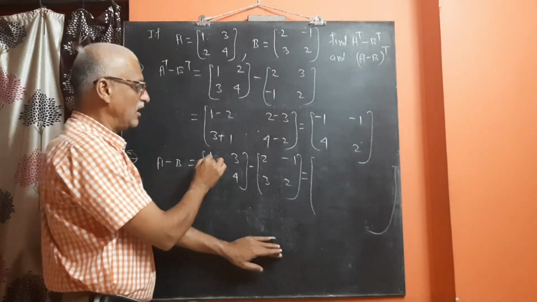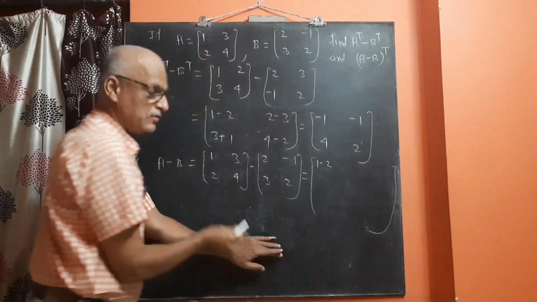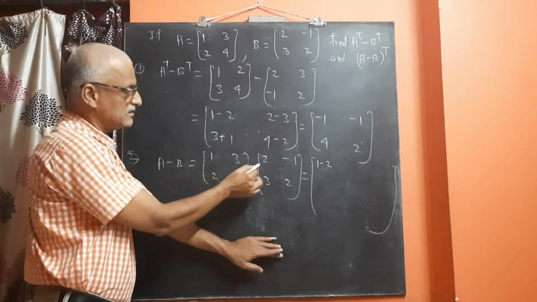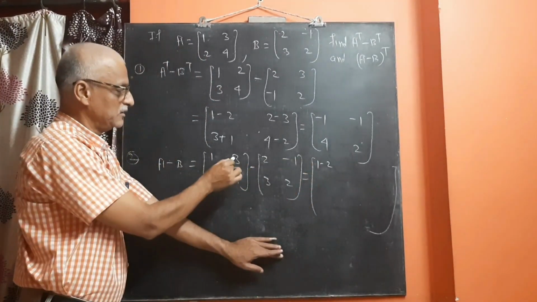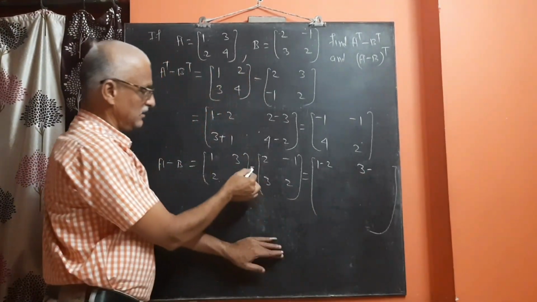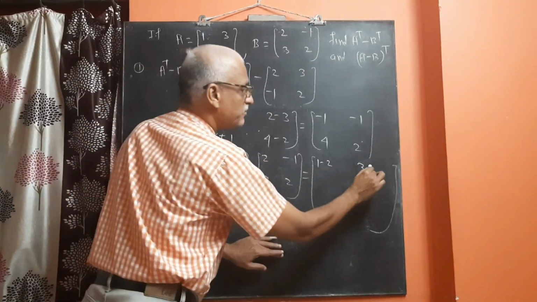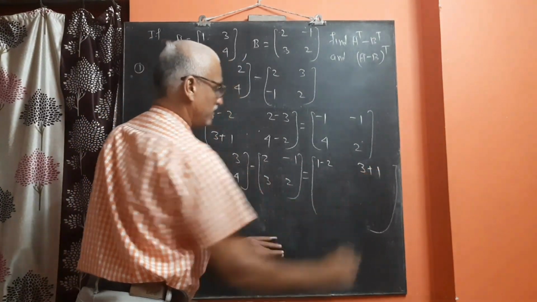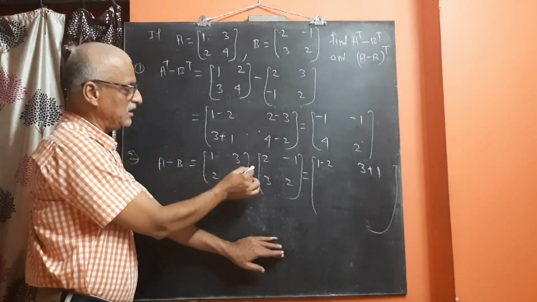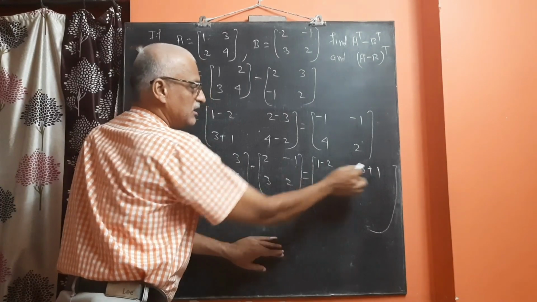our simple method, 1 minus 2, 1 minus 2, that is first element, 3 minus of minus, that means plus 1. I repeat again, 3 minus of minus becomes plus, that is this element, that is 1.